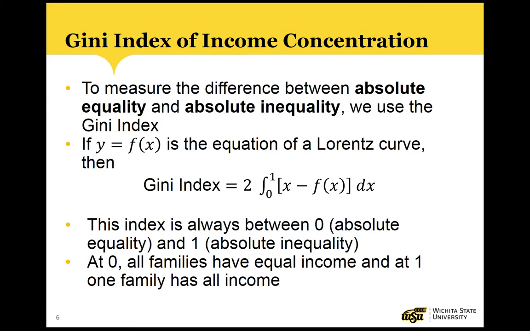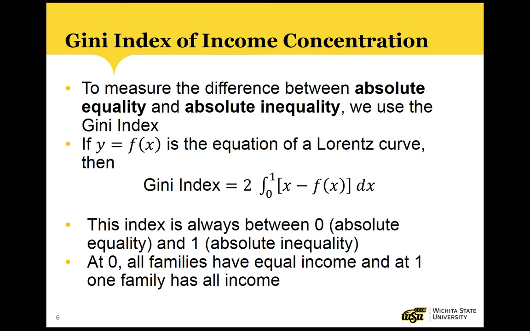In order to give us a tool to measure the green space that we saw in the last slide, we have something called the Gini index of income concentration. We want to measure the difference between absolute equality and absolute inequality with this index.